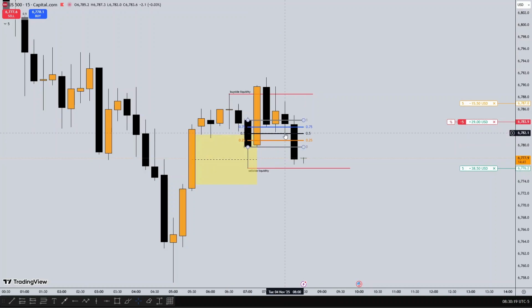After price traded below the mid range of the order block, it gave me a confirmation that price is running out the sell side liquidity as a next draw on liquidity, which means price is using the buy side liquidity as a premium price to run a discount liquidity.